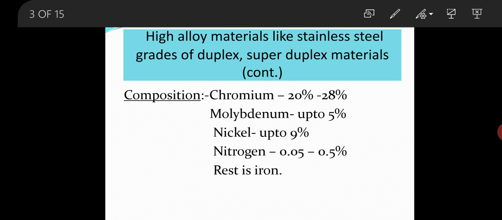So this is the composition of duplex stainless steel. This is high alloy steel because other than carbon, the other alloying elements exist in high proportion. Chromium is 20 to 28%, molybdenum up to 5%, nickel up to 9%, nitrogen is 0.05 to 0.5%, and the rest is iron.